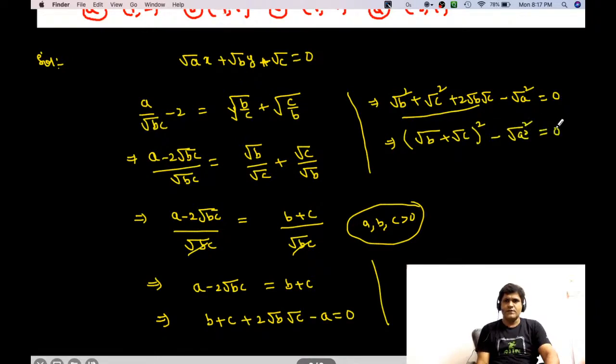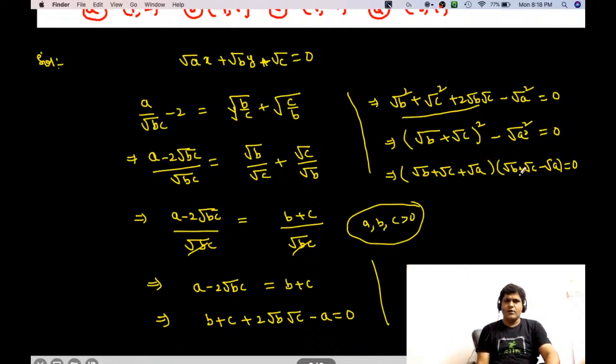This is of the form a plus b into a minus b. That implies root b plus root c plus root a into root b plus root c minus root a is equal to 0. But in the question it is given that a, b, c are positive.